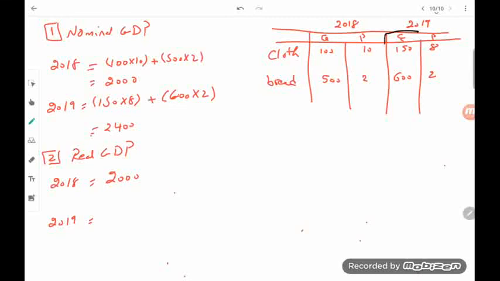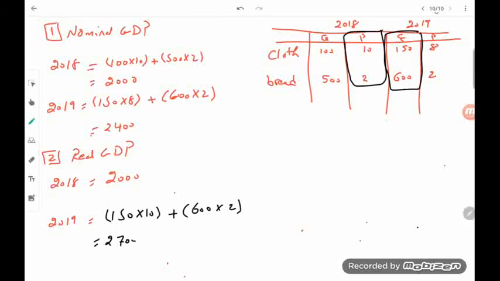So we are going to use these quantities and these prices. It will be 150 multiplied by 10 plus 600 multiplied by 2. It's 2,700.